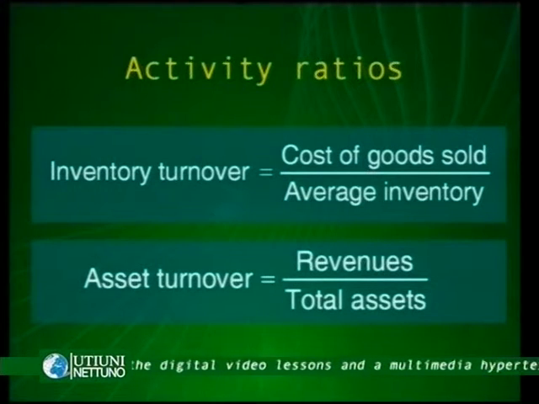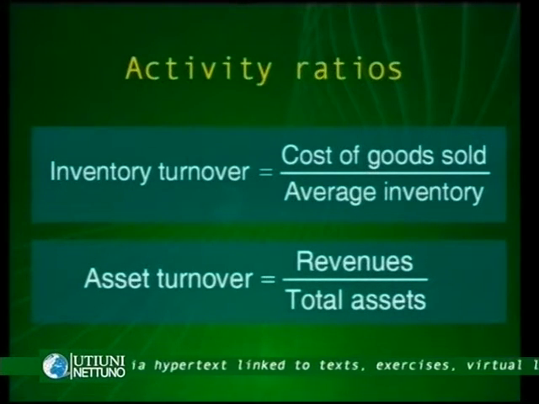Because the lower the inventory as compared to the cost of goods sold, the higher the inventory turnover will be. So in theory, you would appreciate a higher inventory turnover, because this means that given the level of cost of goods sold that the project is going to generate in some future year, you are able to have a lower level of inventory during the life of the project. So you are more efficient in the management of inventory.